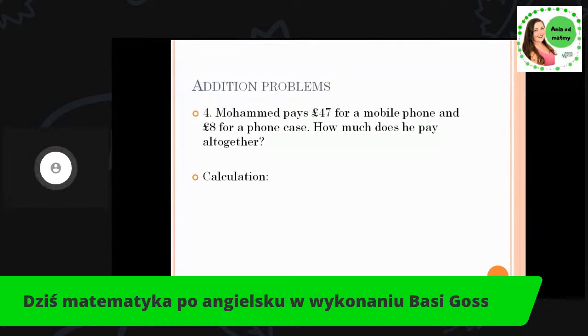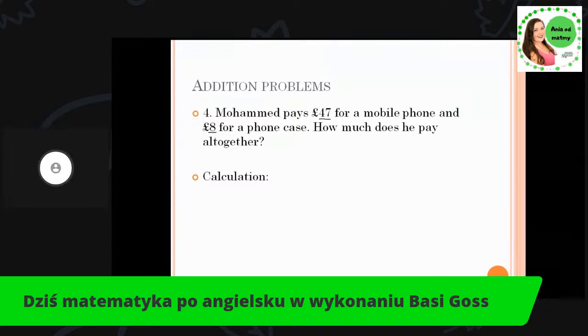And our calculation is, yes, from the comments I can see. Before we write the calculation, let's check what numbers we have. So we have £47, so that's the amount of money, and £8.